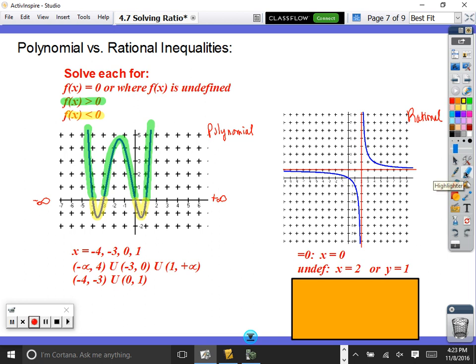Next, where does the function go greater than 0? So again, that would be above y equals 0. It looks like all of this, and this piece is above the line y equals 0. So that looks like it occurs out here at negative infinity to 1, union 2 to positive infinity.